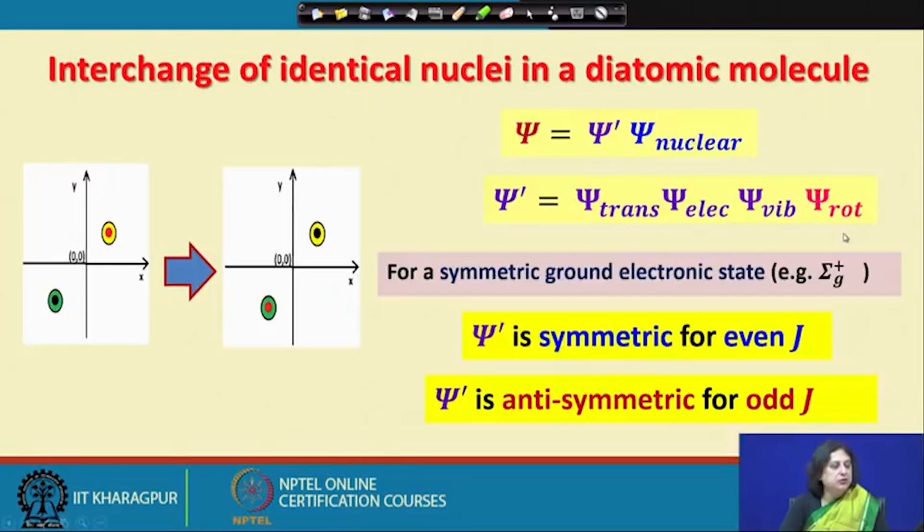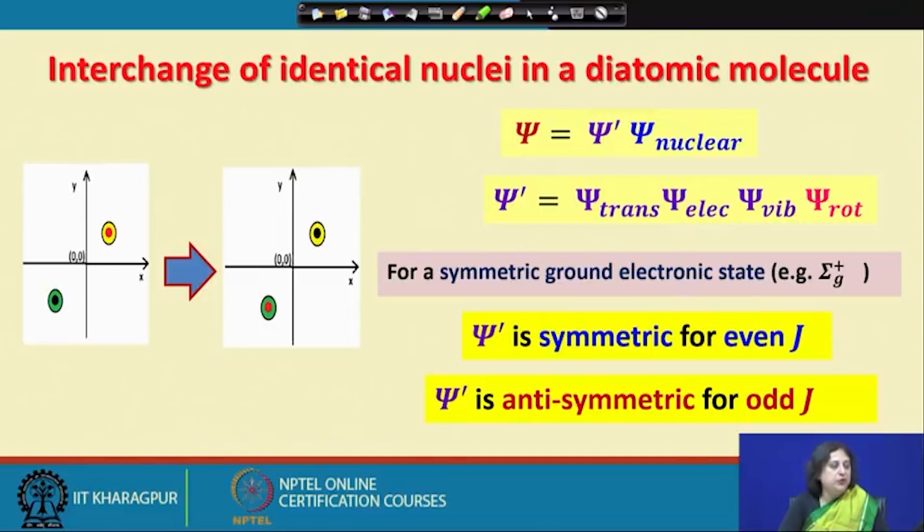We also looked at what happens to psi rot, and it was found that for a symmetric ground electronic state, psi rot is antisymmetric for odd values of j, the associated quantum number, and symmetric for even values of j.